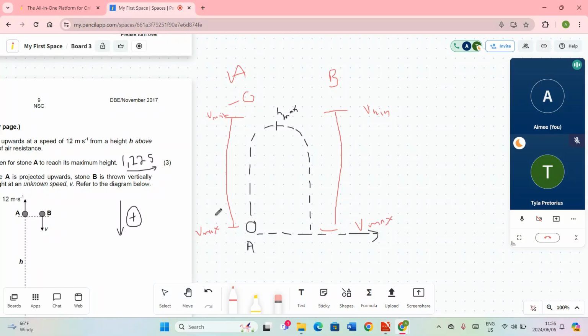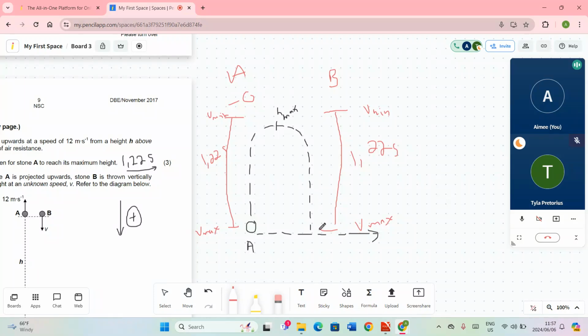But the amount of time it took to complete this side is identical to the amount of time it took to complete this side. So if this side took 1.22 seconds, then this side will also take 1.22 seconds, okay? The motion of this ball is symmetrical. It's a very important concept, okay?